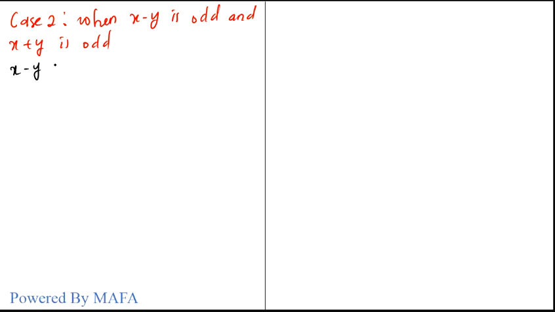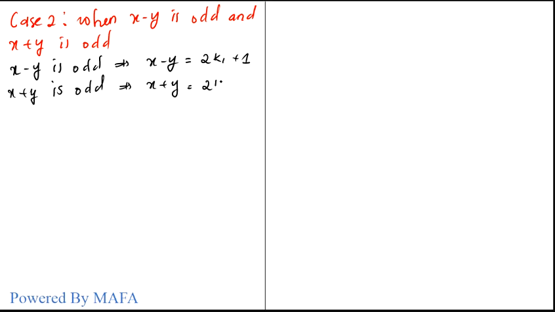Now x minus y is odd means that x minus y can be written as 2k1 plus 1, where k1 is an integer. That's the definition of an odd number. Now x plus y is odd. It means x plus y can be written as another odd number, 2k2 plus 1.